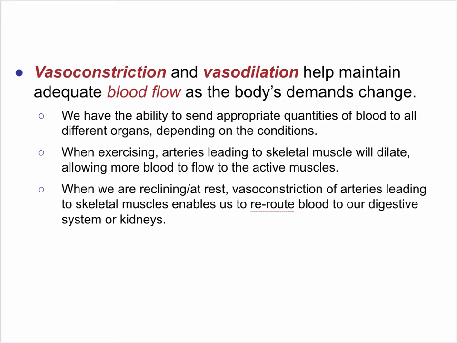And so they need very little blood flow to keep them happy right now. So my body will be restricting the blood flow to those big muscles by vasoconstricting the arteries leading to those muscles, and instead having that blood divert to organs like my kidneys, where that blood can enter and be filtered of wastes and toxins.